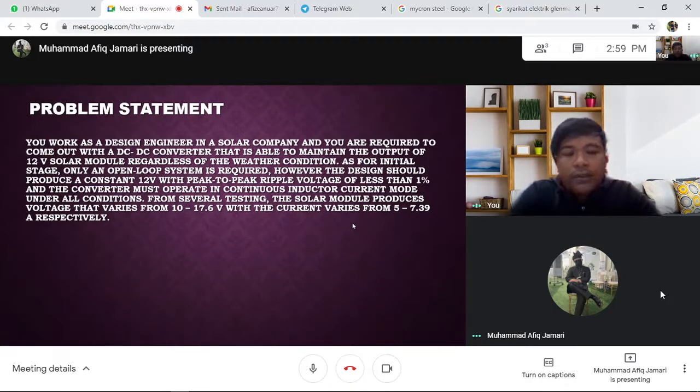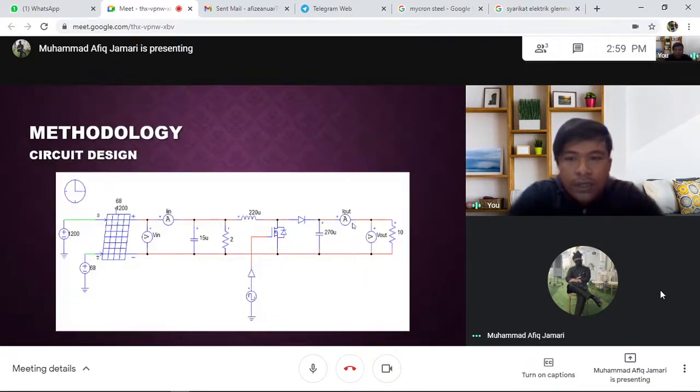So next is Afiq Jamari. Methodology. I'll be presenting about the methodology, which is our circuit design. Based on the figure that I have shown, this is the circuit design for the DC-DC converter for solar application.